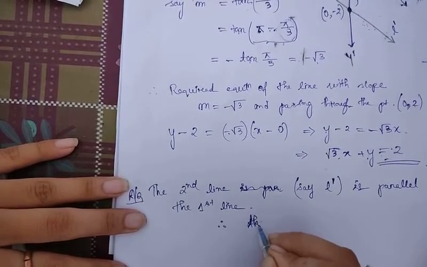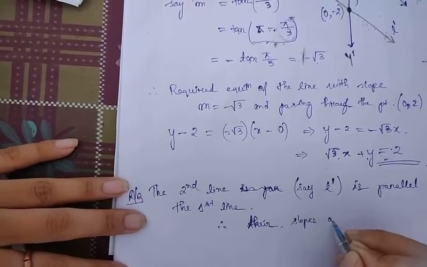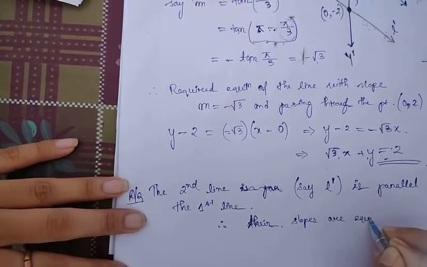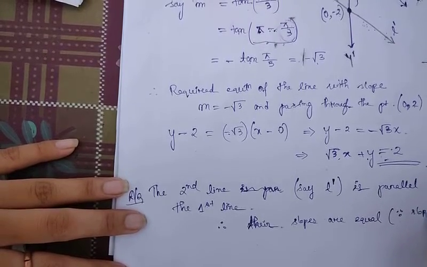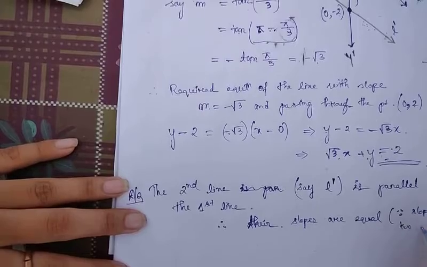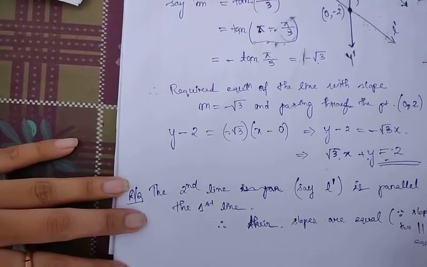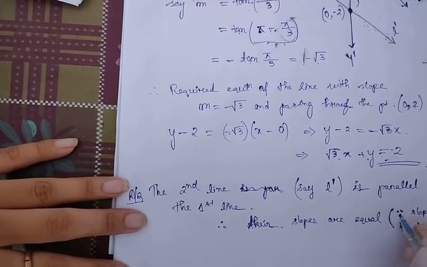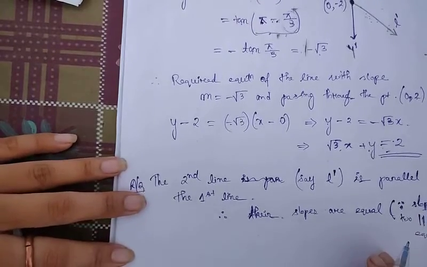Therefore their slopes are equal. Since the slope of two parallel lines are equal, therefore the slopes are equal.